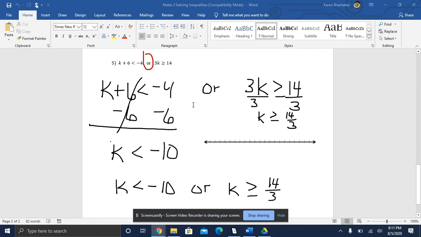So 14 thirds, you could take 14 in your calculator, divide that by 3, and you'll get 4.6 repeating. So we'll roughly use 4.6 for our graph. So just a little bit bigger than 4 and a little bit less than 5, right between 4 and 5.